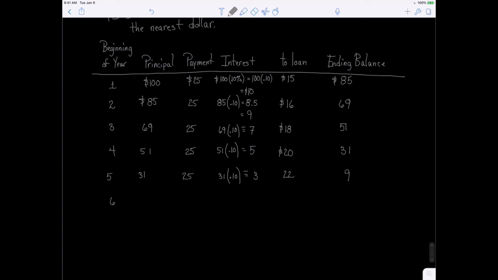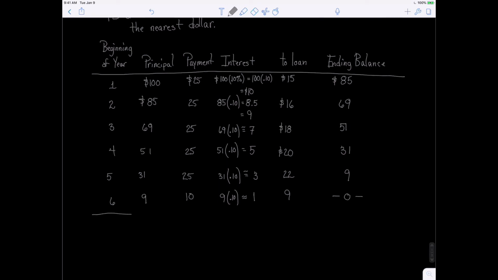When we go into year 6, we owe $9. Now, on the payment here, we could send in a payment of $25, but let's do a little calculation. If we take 10% of 9, that's 90 cents, or we owe about $1. And so that last year, we would only have to make a payment of $10, and then $9 would go towards the loan, and we would have paid our loan.